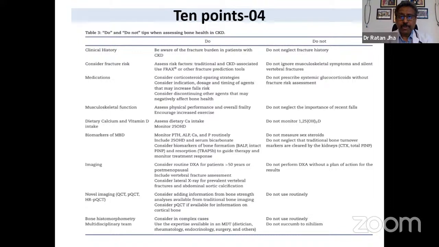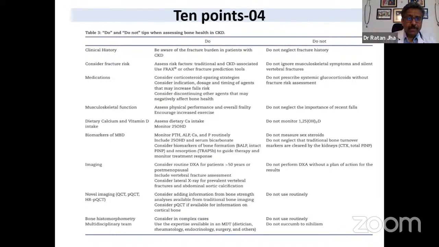Do not prescribe systemic corticosteroids without fracture risk assessment. When we're trying to give corticosteroid therapy, you need to look at the fracture risk before prescribing the drugs. Musculoskeletal function should be assessed by physical performance and overall frailty, by encouraging patients to exercise and seeing whether the person can walk or not. And we should not neglect the importance of recent falls if the patient gives a history.